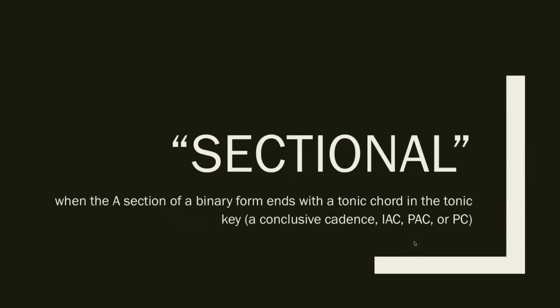Compare that to sectional forms, which occur when the A section of the form ends with the tonic chord in tonic. So a conclusive cadence like an IAC, PAC, or plagal cadence in the tonic key. Basically, the logic here is that sectional forms could stand on their own if you played just the A section. You wouldn't need any other material for harmonic or tonal resolution.